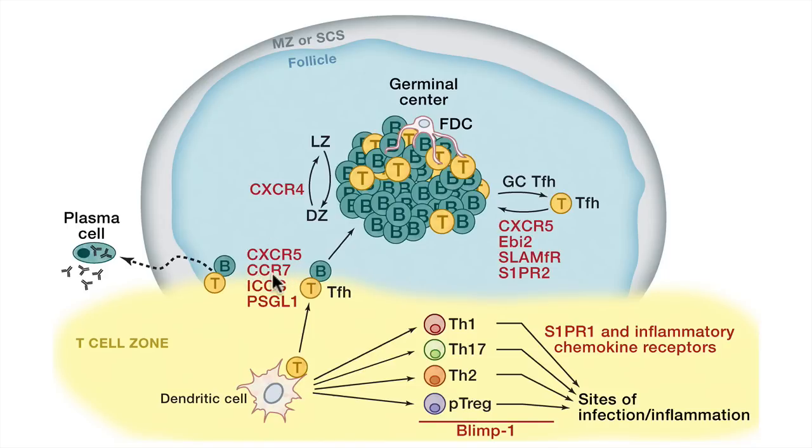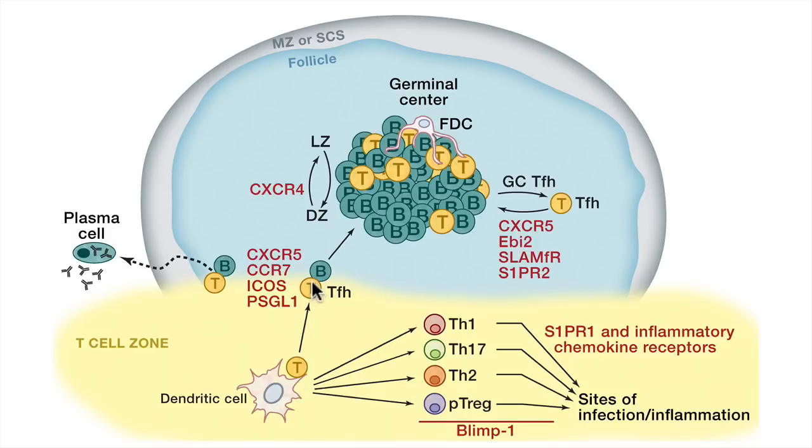CCR7 is the chemokine receptor important for localization of T cells and other cells in the T cell zone, and so TFH need to downregulate that chemokine receptor so that they can move away from the deep T cell zone that's dendritic cell rich and to the TB border.